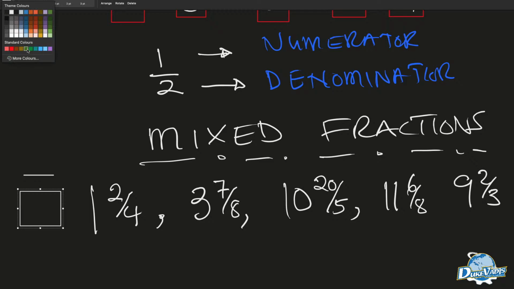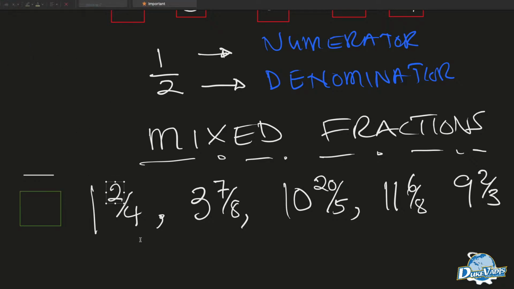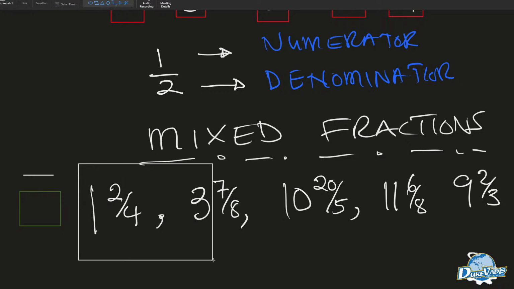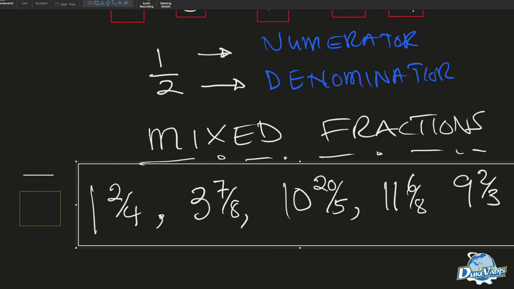So everything we are going to mark here is called what? A mixed fraction. Okay, this is a mixed fraction. All this one, as we can see, are the mixed fraction.